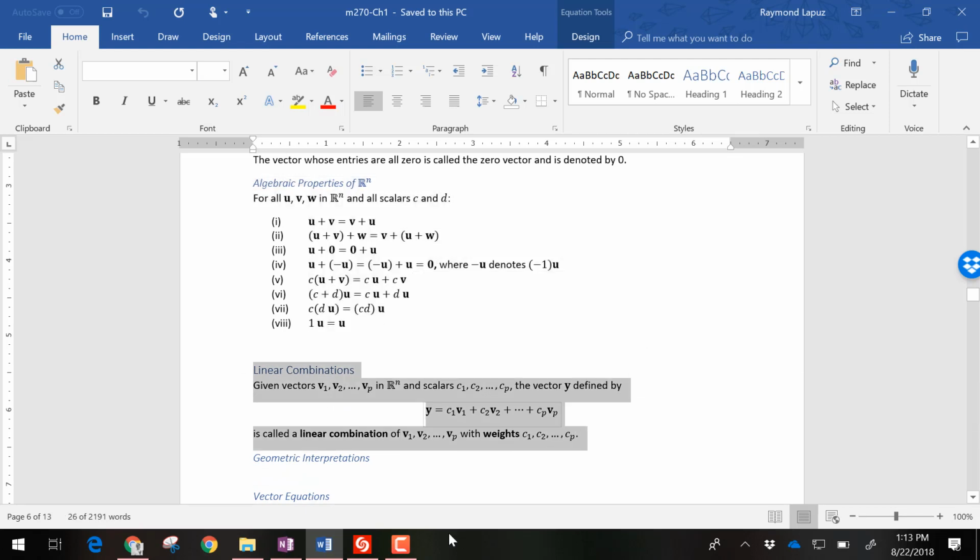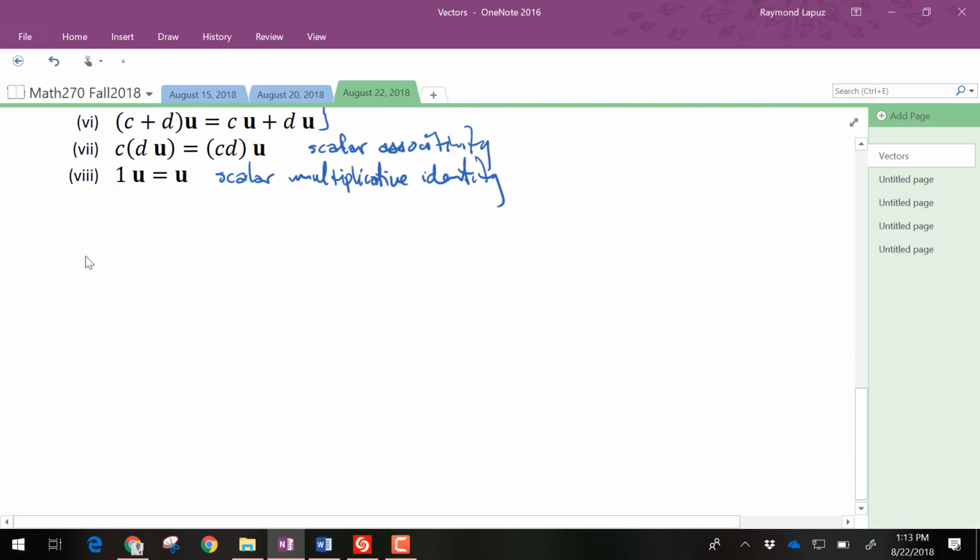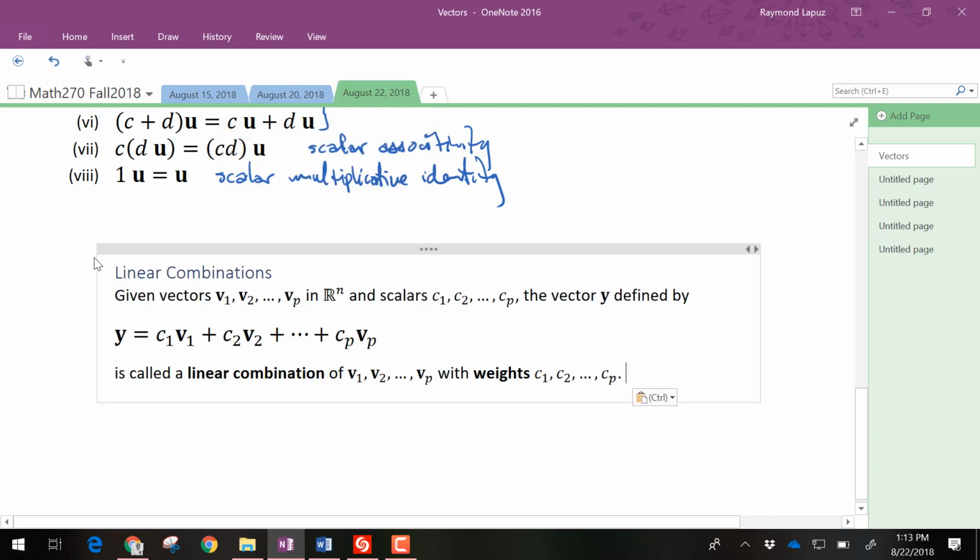Some of this vocabulary will be important for us from now until the end of the semester. One of the important terms that we'll be using a lot is linear combination. When we talk about a linear combination, we generally think of a set of vectors. A linear combination of a set of vectors is going to be a scalar multiple and sum of all those vectors.